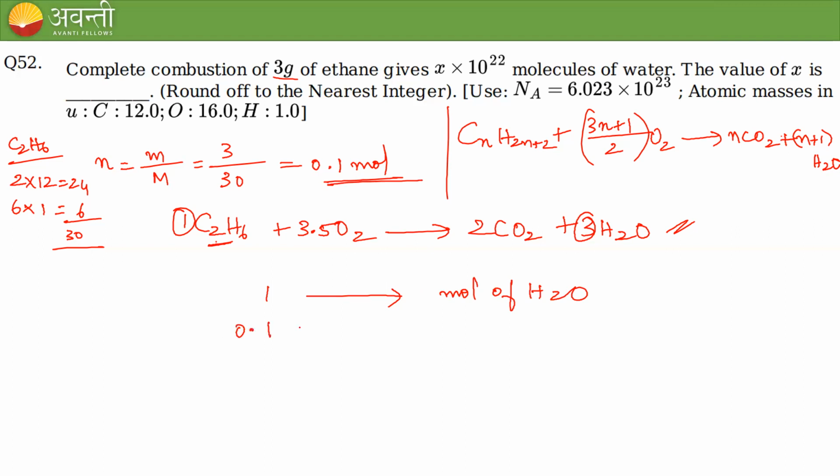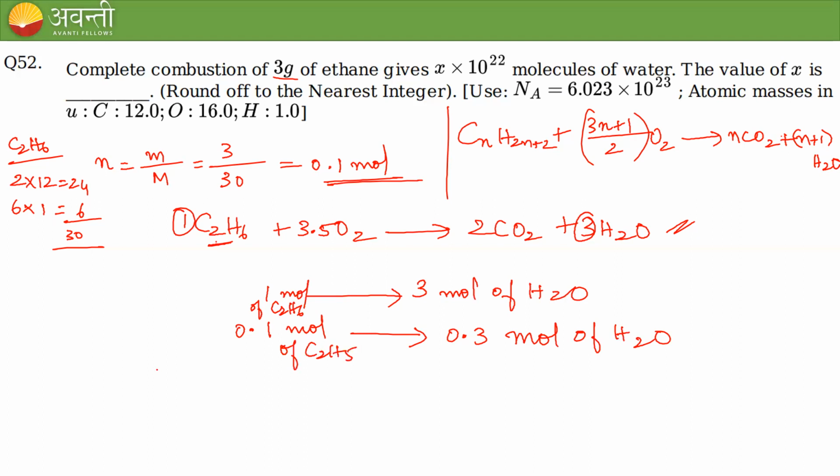So 0.1 mole of C2H6 gives, it is actually 3 times, right? It is 0.3 moles of H2O that will be produced. So 1 mole of C2H6 and this is 0.1 mole of C2H6.